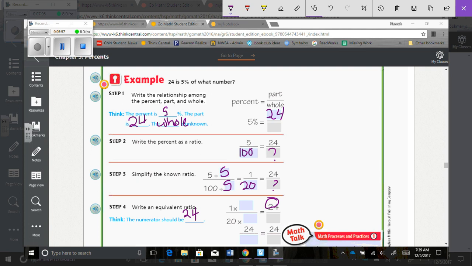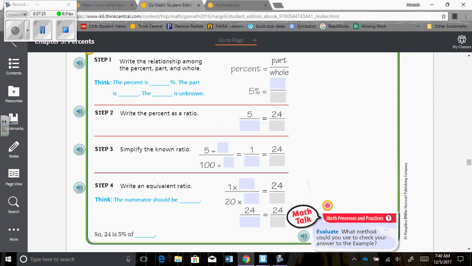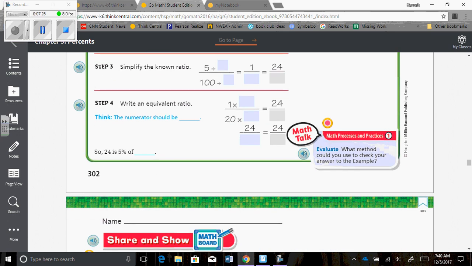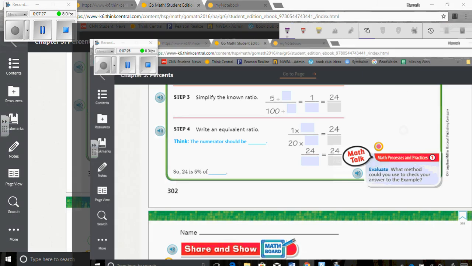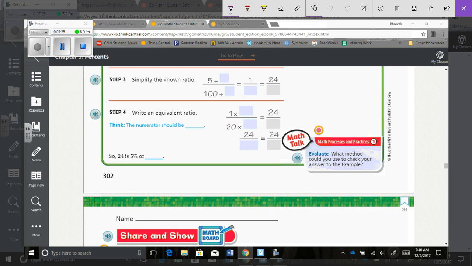So 1 times 24 gives us 24, and 20 times 24 will give us 480. So that would be equivalent to 24 over 480. So 24 is 5% of 480.